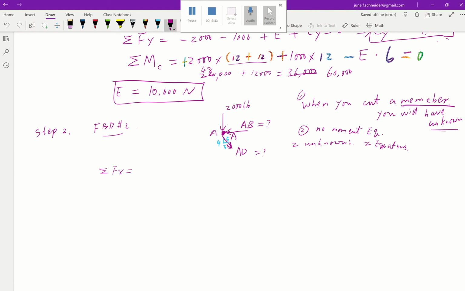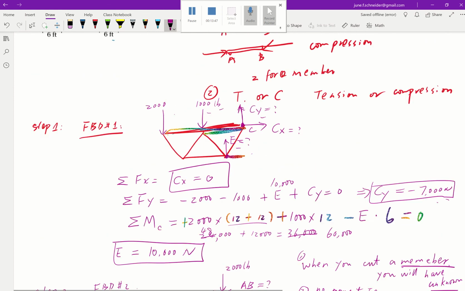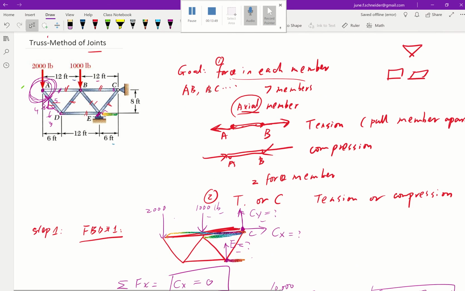You want to cut a maximum of 2. What I mean is, say I'm going to cut B, then how many members will I cut? I will cut AB, BC, BD, and BE. I cut 4 members, and I create 4 unknowns, but I can only have a maximum of 2 equations. So 2 equations cannot solve 4 unknowns.